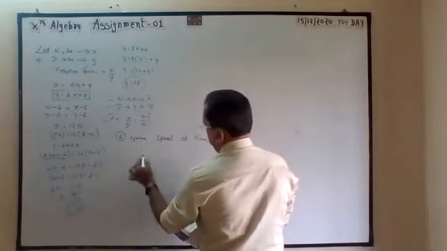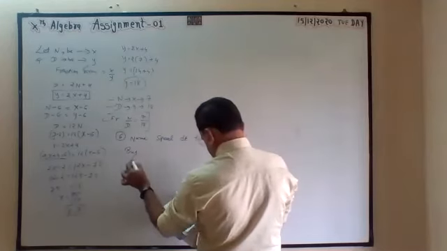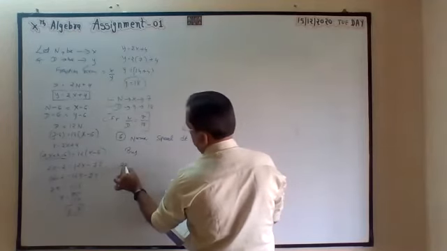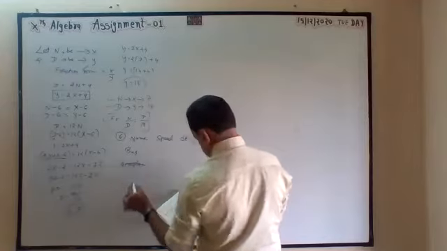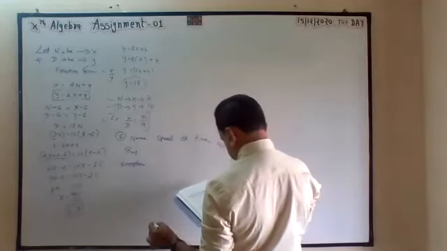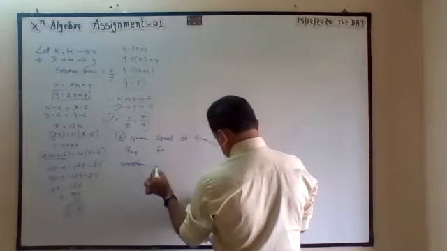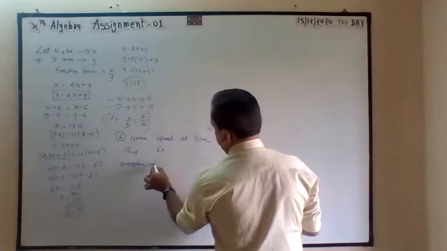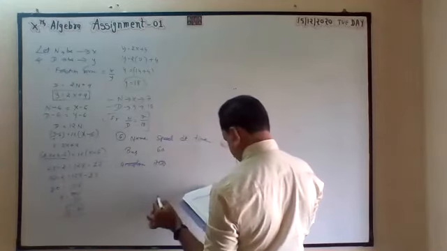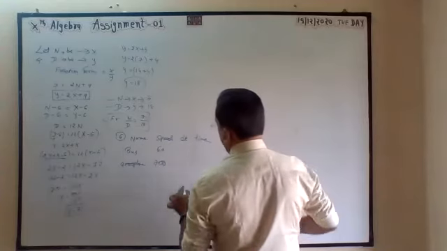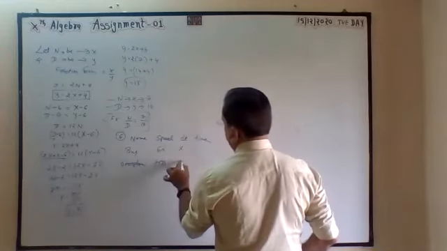Name, they have given two: bus and aeroplane. Speed 60, speed 700. Distance we don't know.